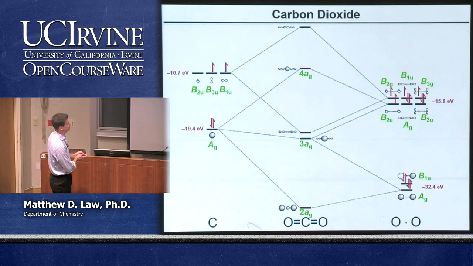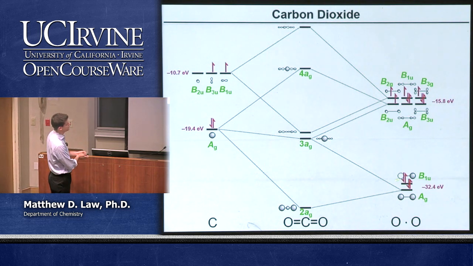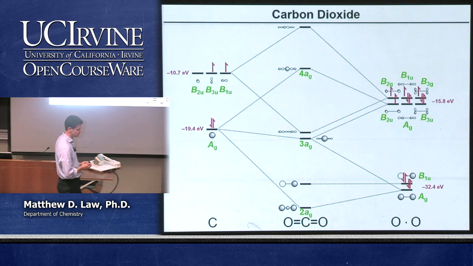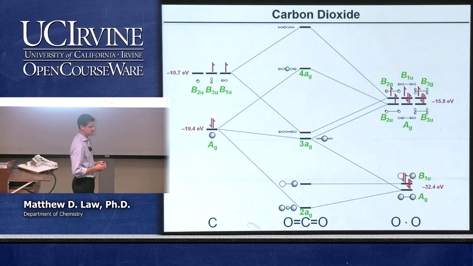And so these are the two that are interacting. But we have another B1u that's down here. The B1u here does not interact with this B1u from the carbon because the two p's on carbon are way too far in energy from the two s's on oxygen. And so this particular B1u group orbital from the two s's on oxygen is just going to be non-bonding, and it just comes over.